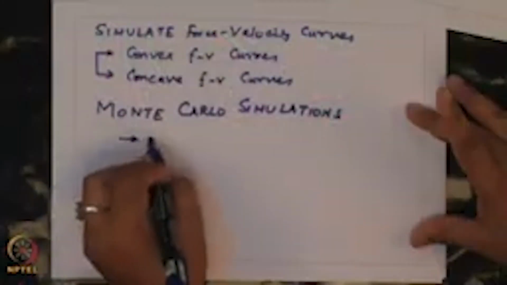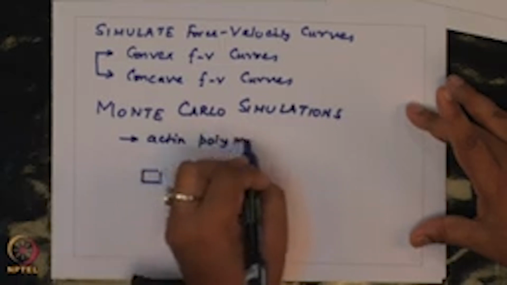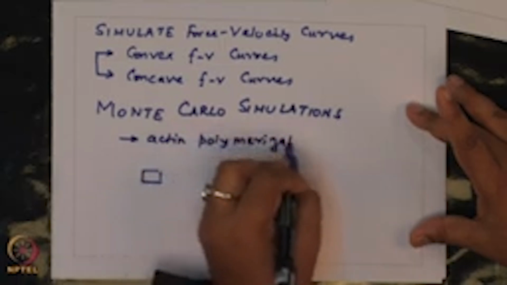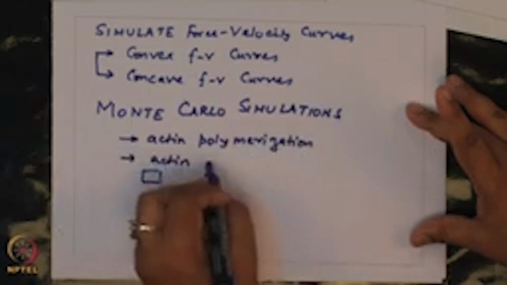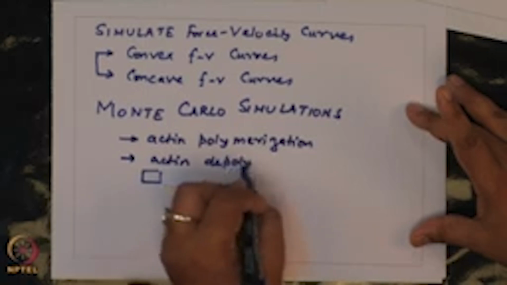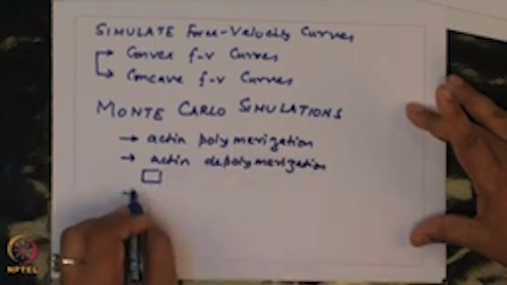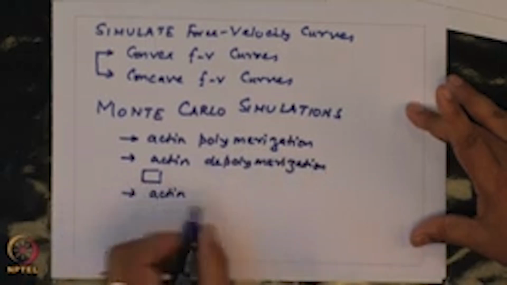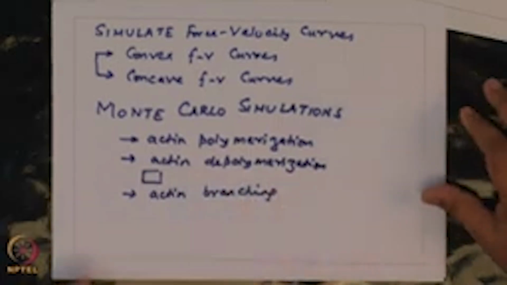I want to capture the effect of actin polymerization, actin depolymerization, actin branching. Let me draw how such a model might be set up.